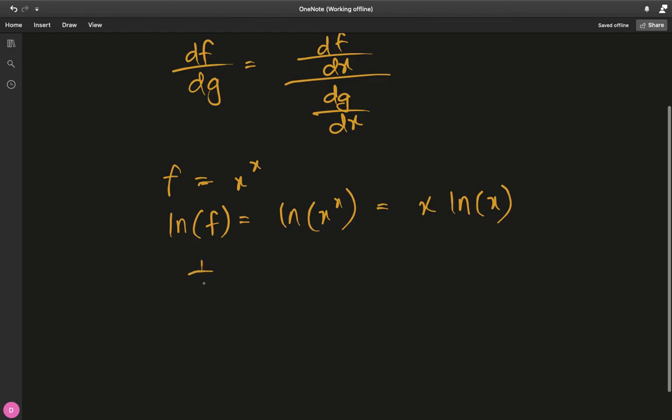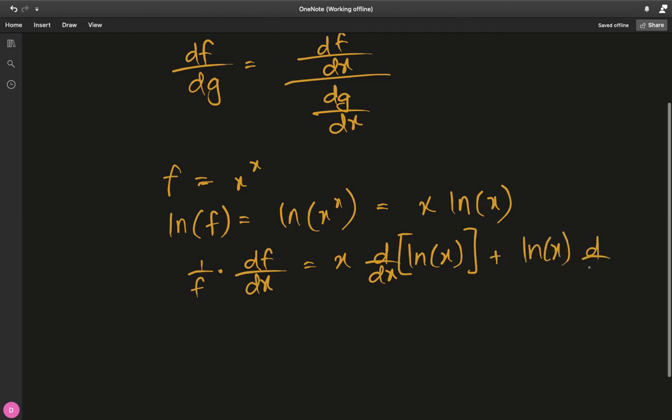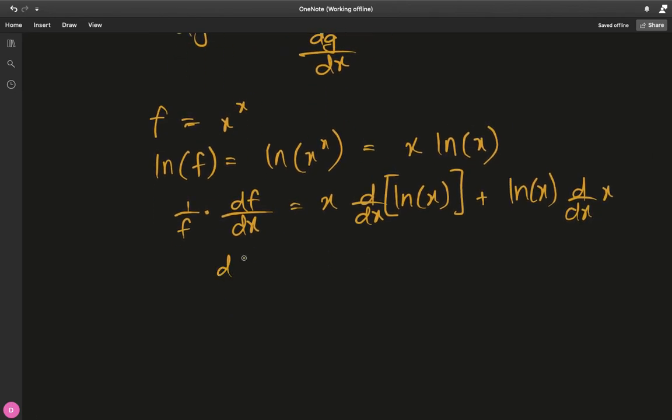This is going to be 1 over f times df over dx is basically equal to x times the derivative of natural log of x plus natural log of x times derivative with respect to x of x. Product rule basically. So df over dx is f times all this. F is x to the x.